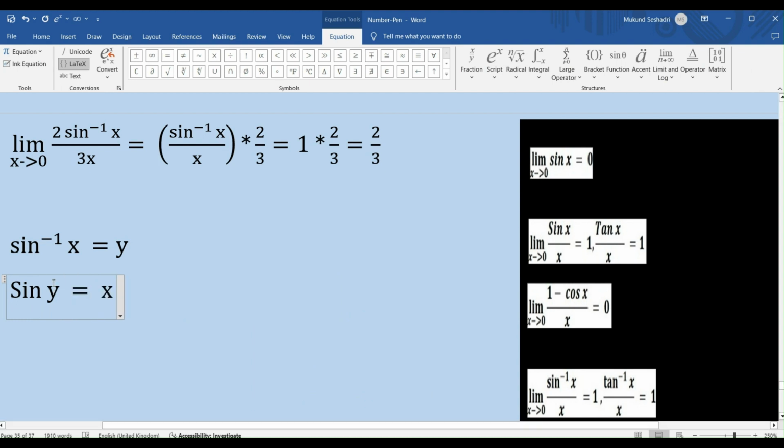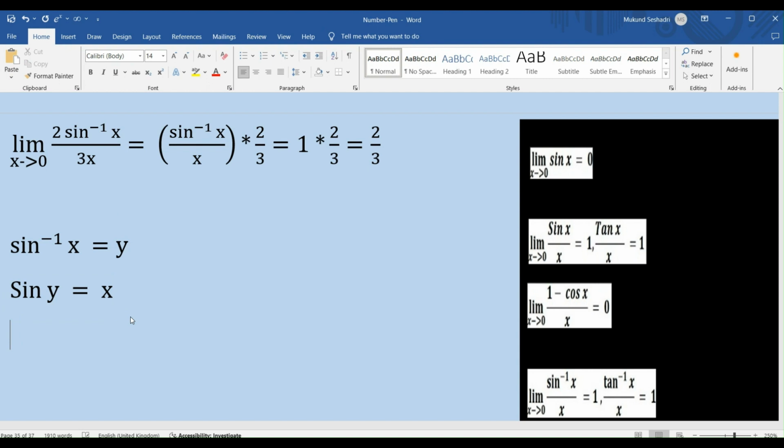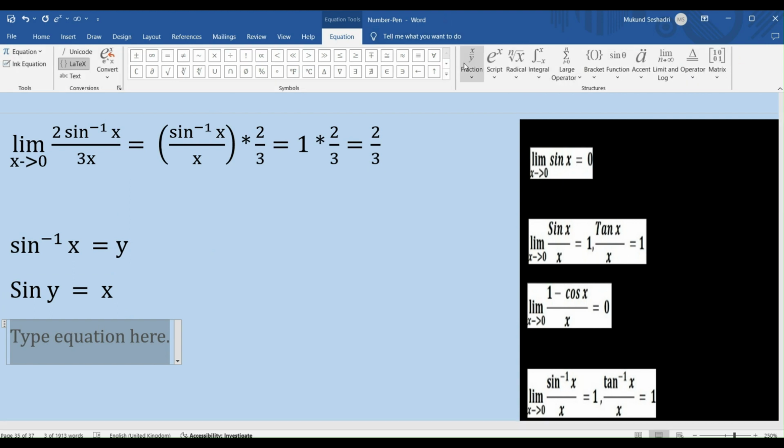And now when I go back to the original question and do a substitution, what we get is your sine inverse of x becomes y, because that's the substitution we have made. And in the denominator, your x becomes sine of y. So we're going to rewrite this particular limits problem now in terms of y.